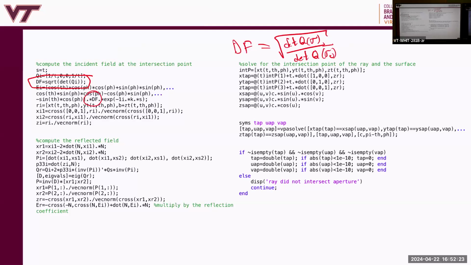So for this particular case, the incident field is just the determinant of Q incident, right? All right. So E incident, multiply by the divergence factor, multiply by E to the minus JKS. And I use minus J here instead of plus I. And S is nothing but the length of the ray from the feed phase center to the sphere, yeah?